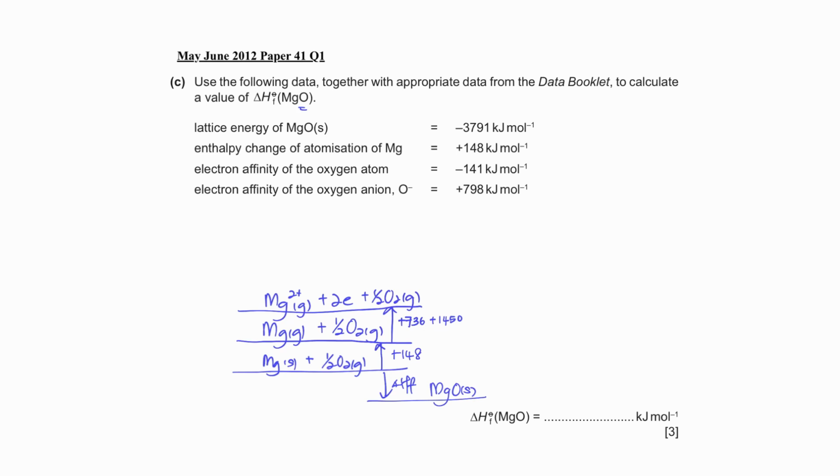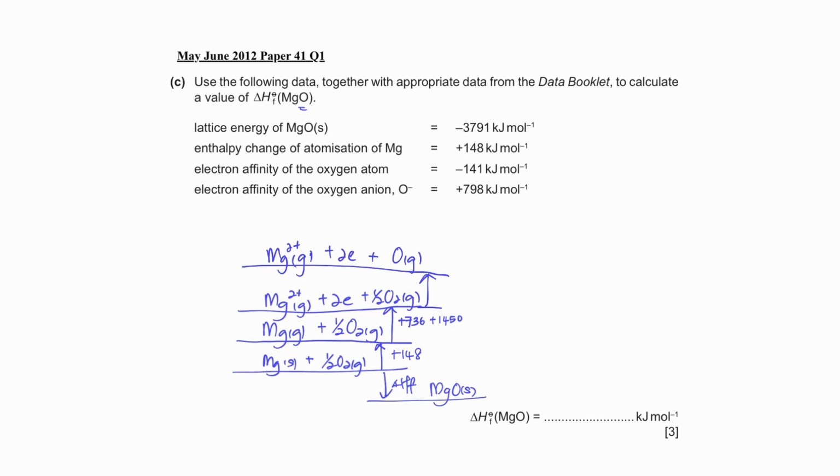After we are done with magnesium, we have to atomize oxygen. So we just copy back from magnesium 2 plus gas. For this step, we are turning O2 into gaseous atoms.